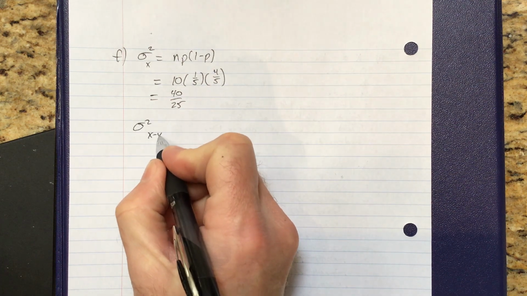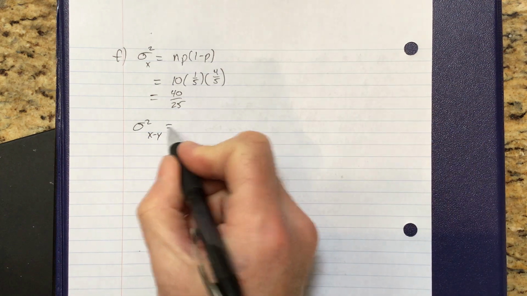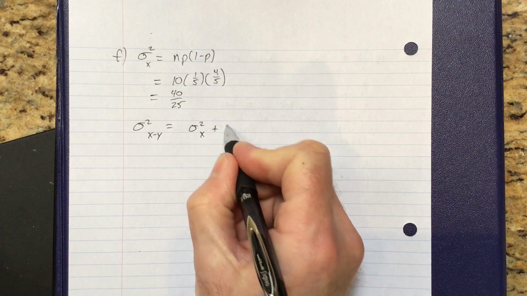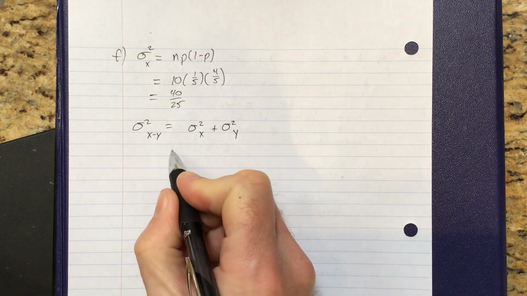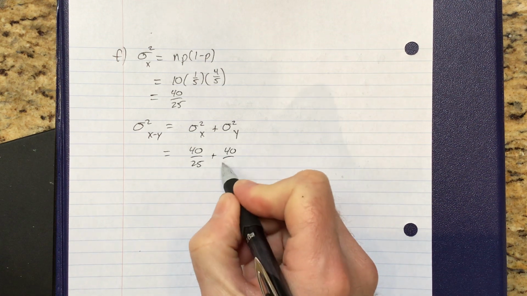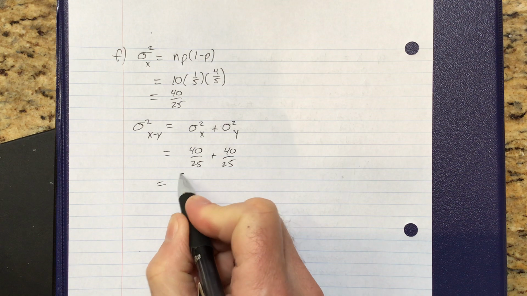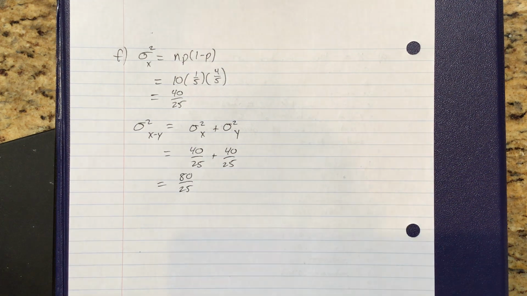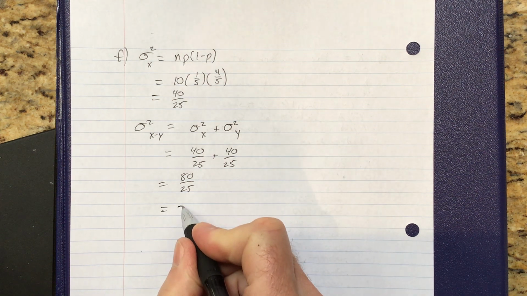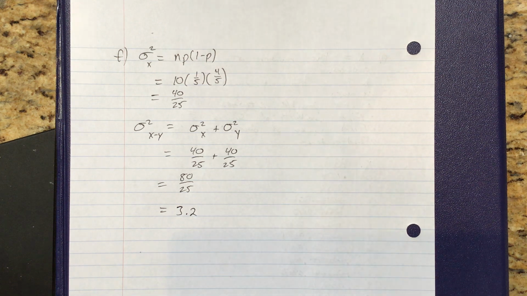So x minus y, or x minus x, again, doesn't really matter. So in this case, 40 over 25 plus 40 over 25, we get 80 over 25, okay? So variance would be 3.2 questions squared.